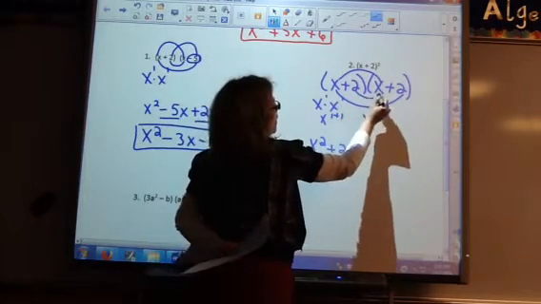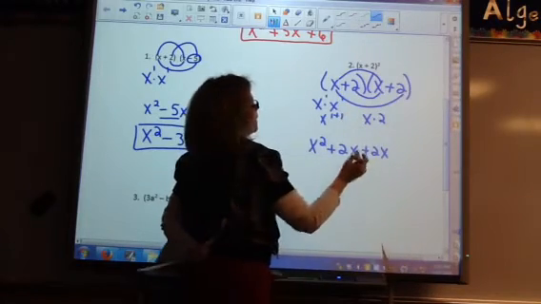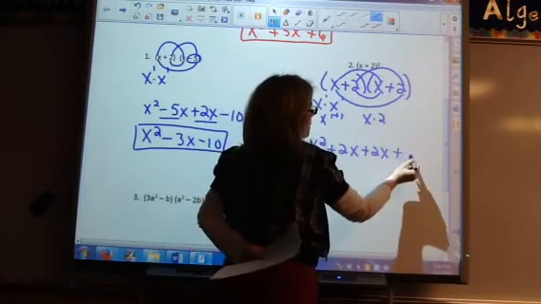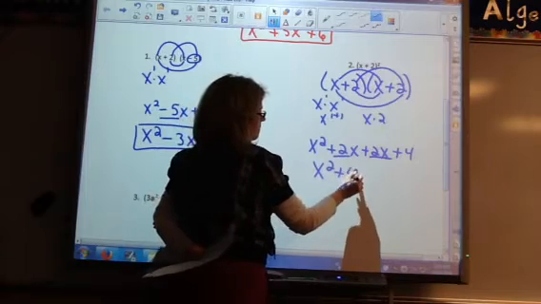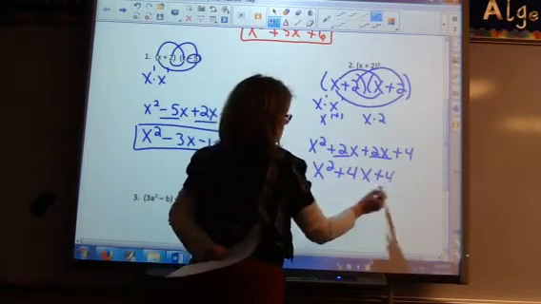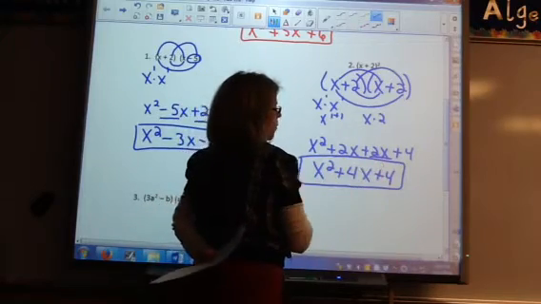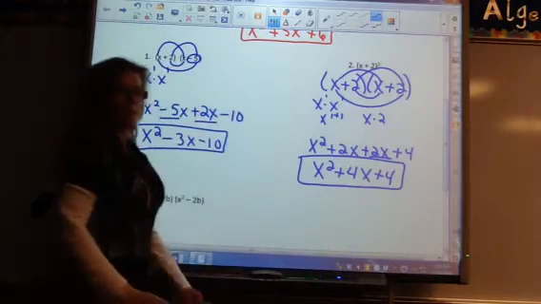Then we do our inner, x times 2 is a positive 2x. And then we do our last, 2 times 2 is a positive 4. Combine like terms. So 2x plus 2x is 4x. Bring down your x squared and your last term there, positive 4.